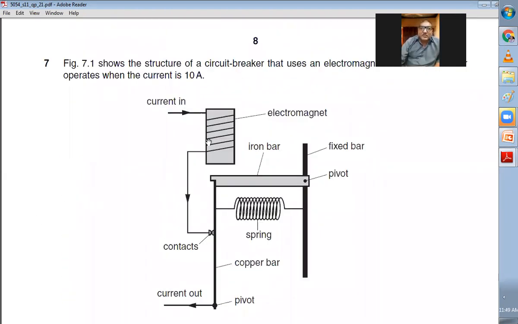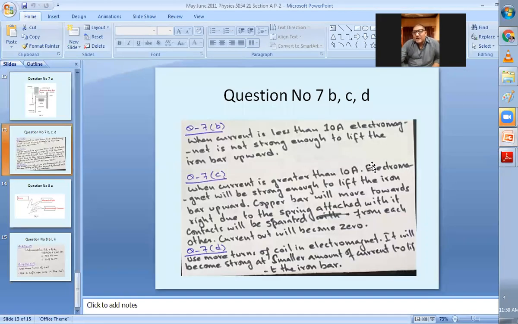At a lower current, the breaker should trip. So put more turns of this coil. When you put more turns of this coil, this will become a stronger electromagnet even at a smaller amount of current, and it will be able to lift the iron bar, and the breaker has tripped.